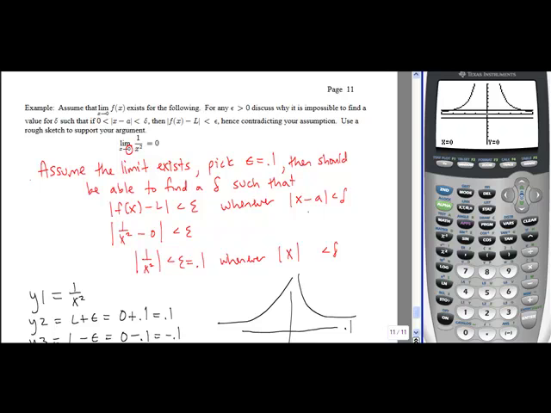And what you're trying to show is that by that choice of epsilon, it's impossible to find an accurate delta that will either exist at all or lie within the right range of values. And if you can't find that delta, then that shows that your original assumption of the limit must have been false. These are tricky problems and they take some practice. So you may need to re-watch this video lecture or read through your textbook to get some more ideas.